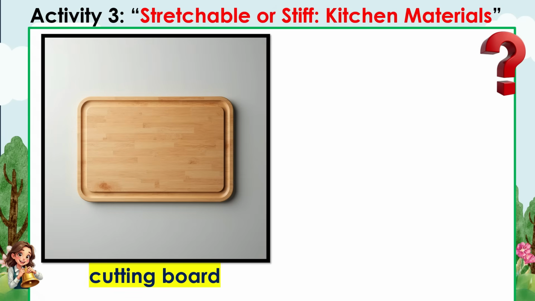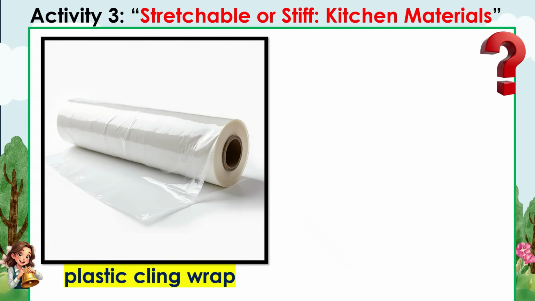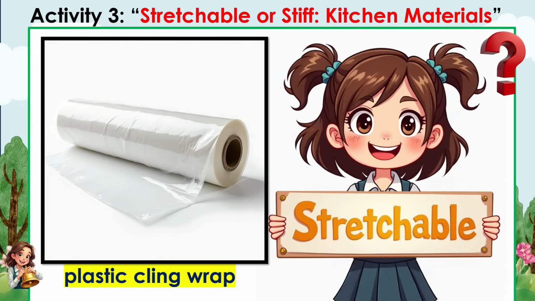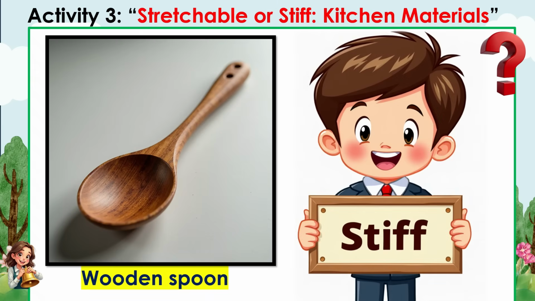Cutting board. Yes, it is stiff. Plastic cling wrap. Yes, it is stretchable. Wooden spoon. Yes, it is stiff.